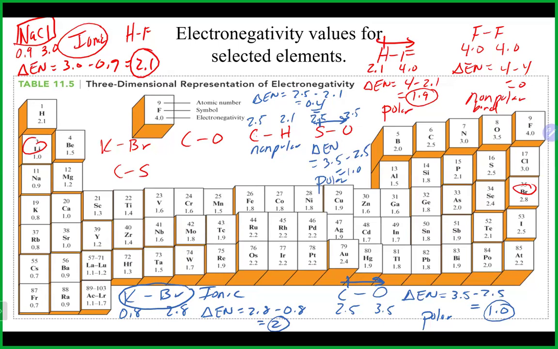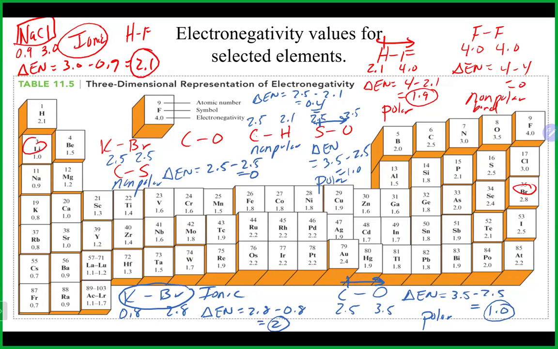Lastly, looking at carbon and sulfur, carbon 2.5, sulfur 2.5. Difference in electronegativity is going to get us a big 0 there. That means that this is actually a nonpolar bond. So this is a good example that it is possible to have two different elements that share the same electronegativity and will lead to a nonpolar bond.